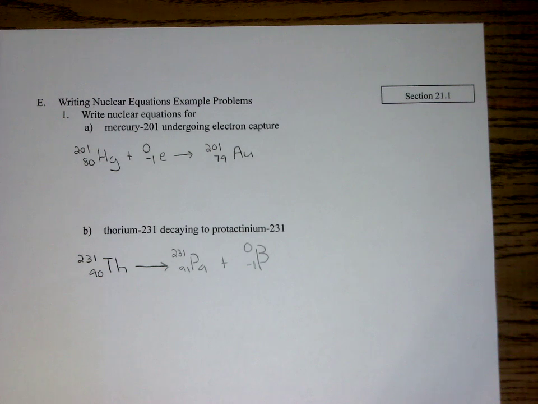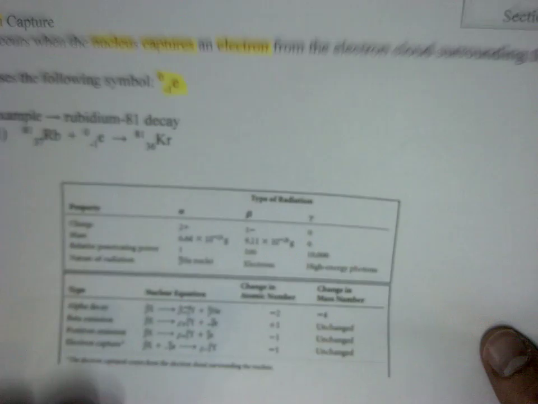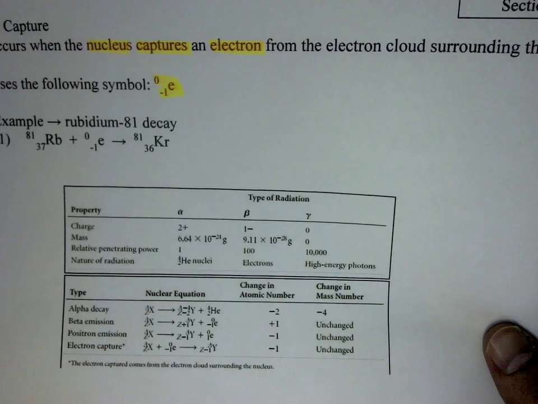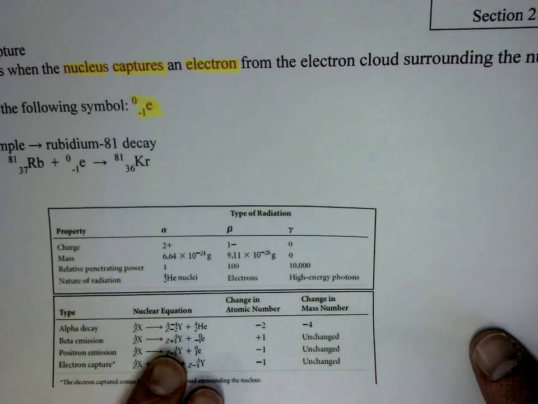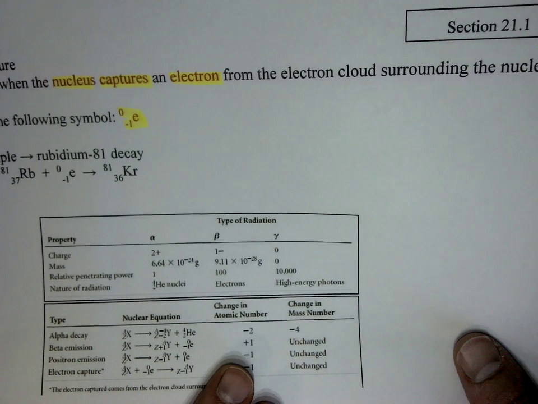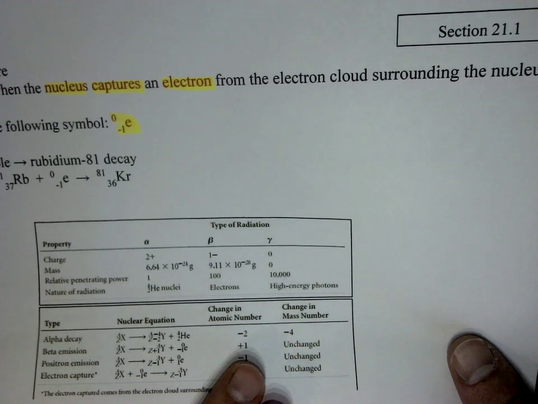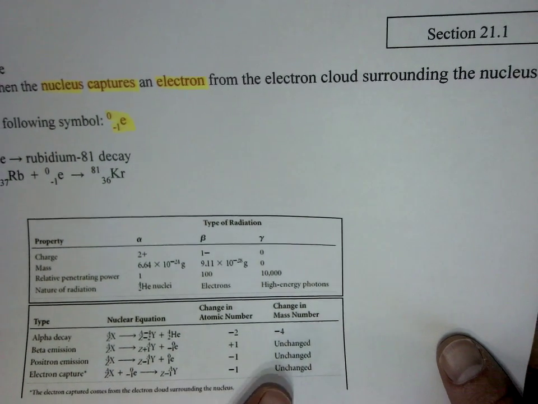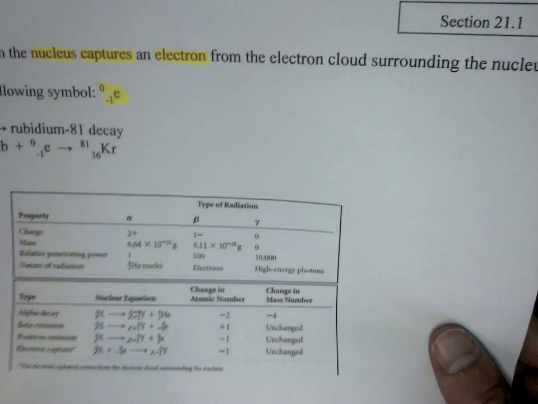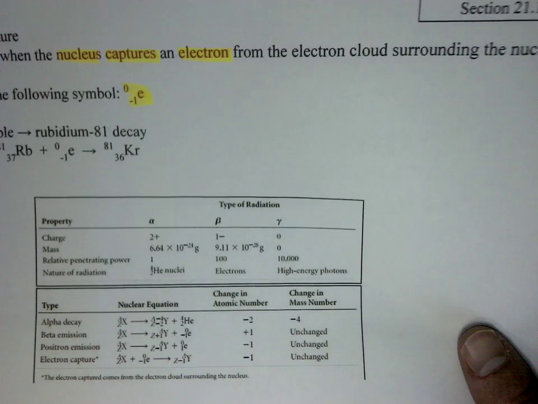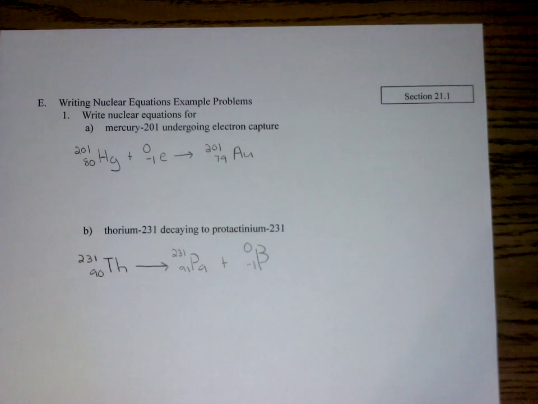The other reason we use beta decay in this case is from this chart. Notice here where it says beta emission, the atomic number is going to change by +1, whereas the mass is unchanged. So this helps determine our guide path for why we do what we do. It's sometimes handy to have in mind.